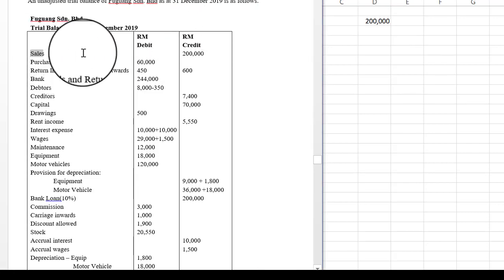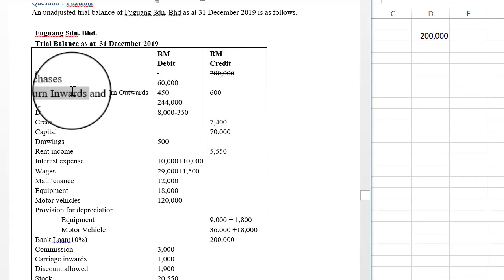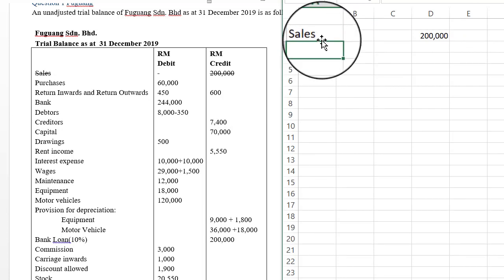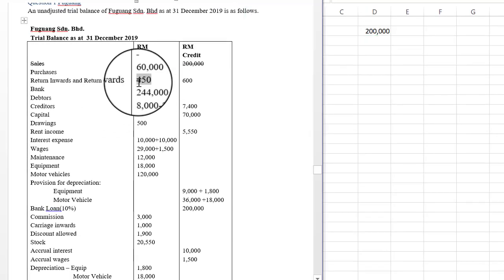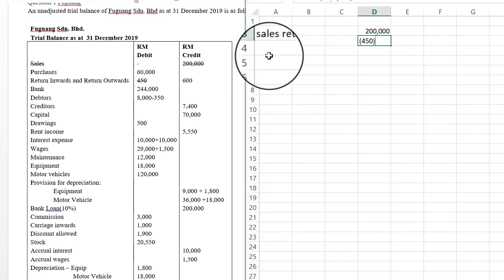Your sales of 200,000 has been used. Next will be your return. You have your sales return, and the total amount is 450. So minus 450, and you get your net sales.